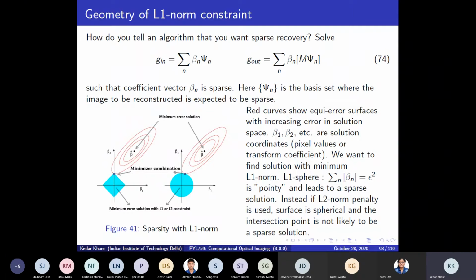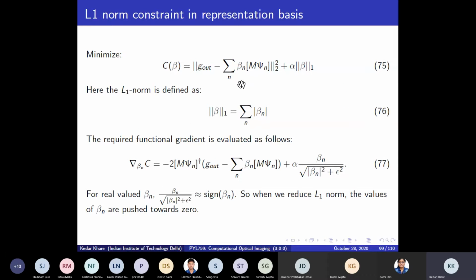We are also solving this problem where the number of measurements in g out is much less than the number of pixels N. Okay, and here I'm showing you a picture. What we are trying to do in this kind of problem, equation 75, is find a minimum of this and find a minimum of this, and then do a trade-off between the two terms.